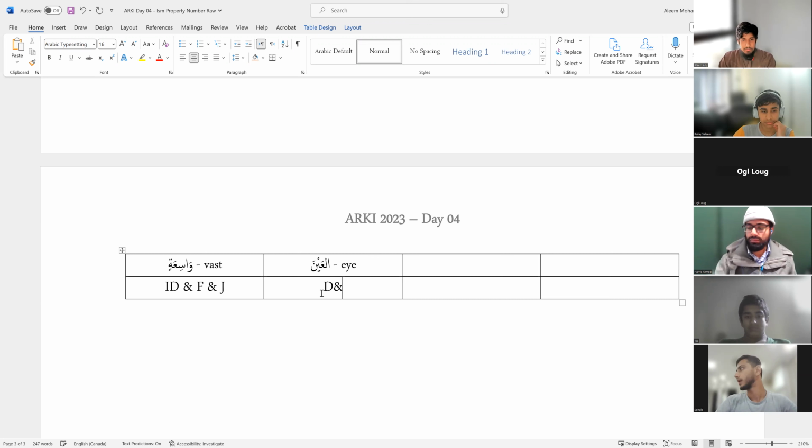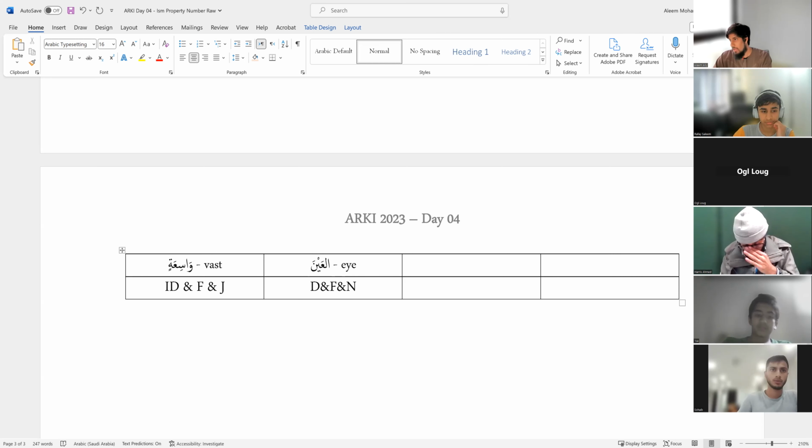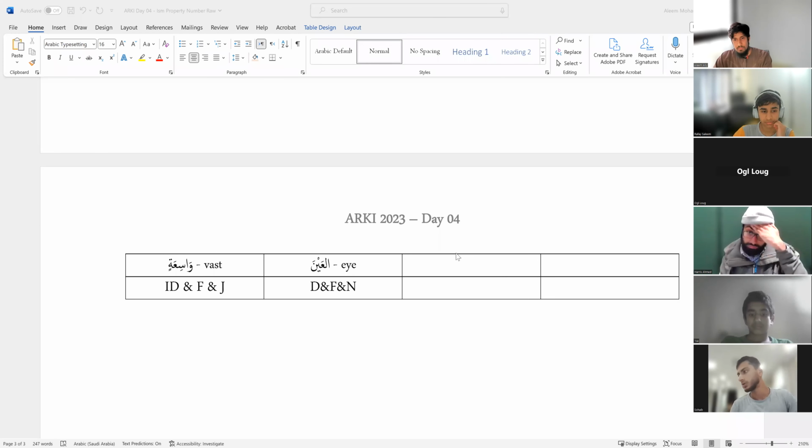So first off, we know it's definite. Why do we know that? Because it has the alif lam. So it's, the eye. Then we know that it's female, right? Why? Because it's a body part that has a pair. You got two sets of eyes, right? And then again, we know it's in a state of nasb because of that fatha upon the end. Okay. How about al-bi'ru, which means well?